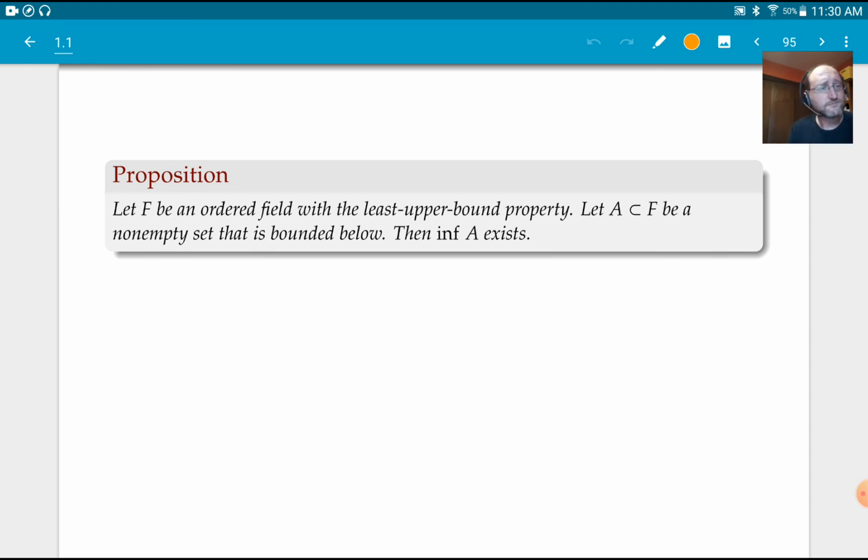Now, before, we were talking about the least upper bound property, and that we could have a greatest lower bound property, but we don't worry about it. That's really because if we have an ordered field, so it's an ordered set and a field, and it satisfies all those definitions, then we do get the greatest lower bound property.